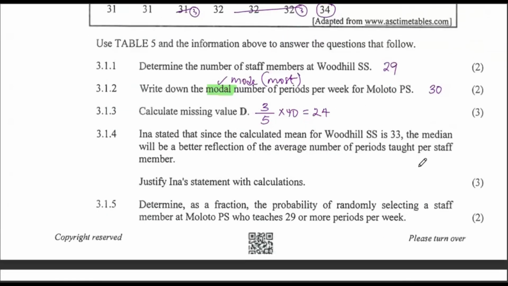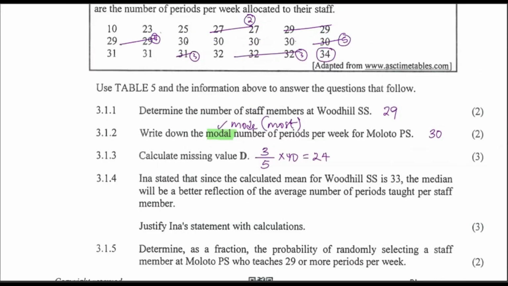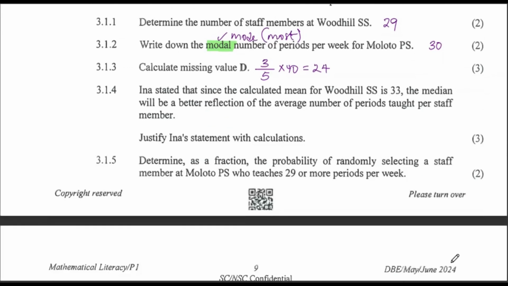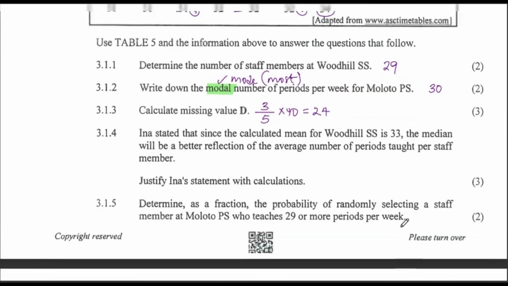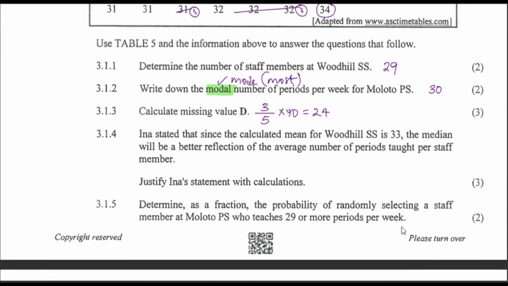Then it states that since the calculated mean is 33, the median will be a better reflection of the average number of periods taught by staff members. Justify in a statement with calculations. So the mean is already 33 on average.